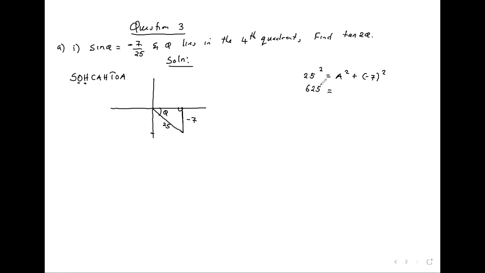is equal to a squared plus 49. And then take this to the other side, you have 625 minus 49 is equal to a squared.